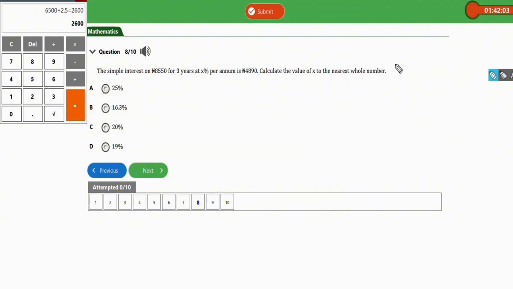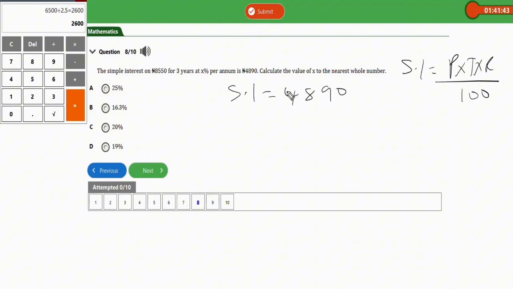So basically, from our formula, simple interest equals principal times time times rate over 100. Our simple interest is 4,890 naira, our principal is 8,550 naira, and our time is 3 years.